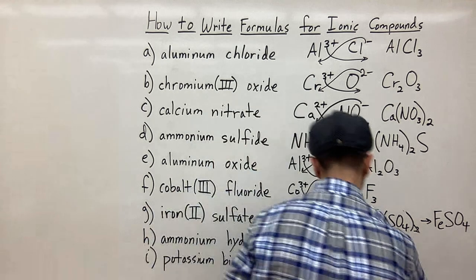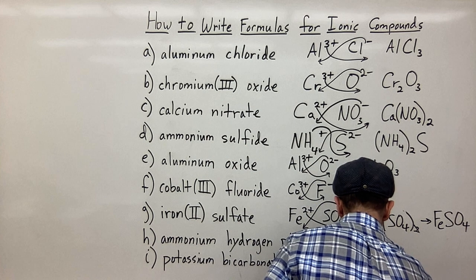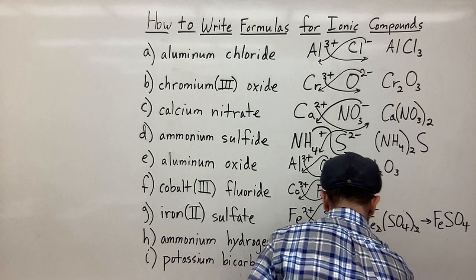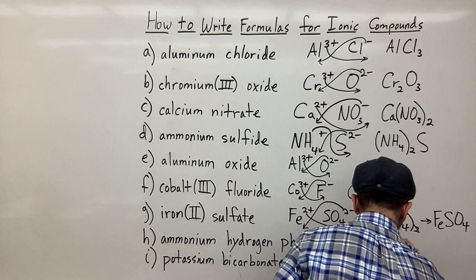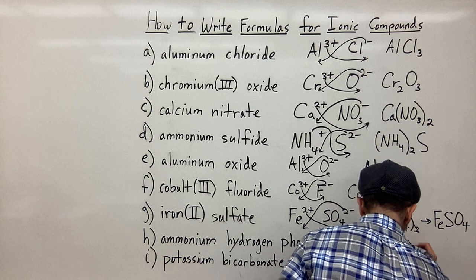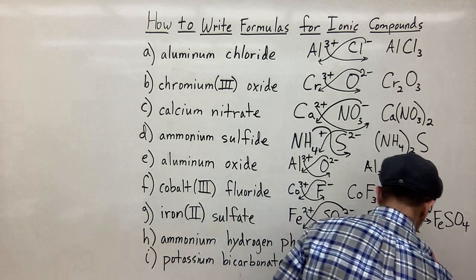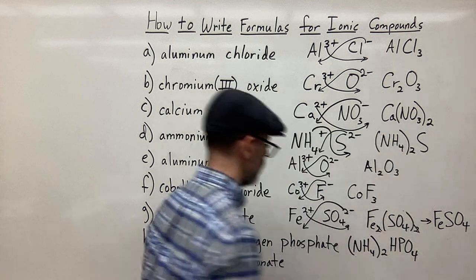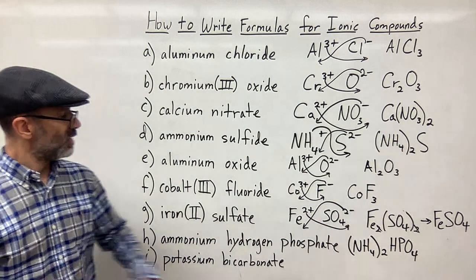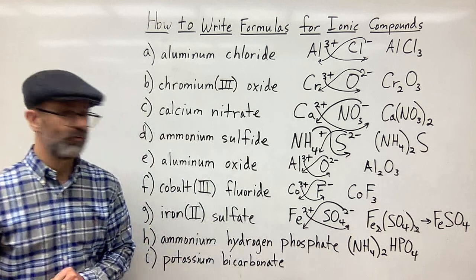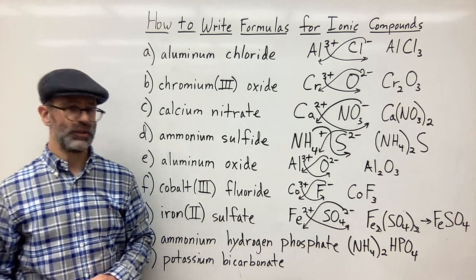So this is going to be (NH4)2 and then HPO4. Phosphate, that should be a PO4 like so. And so that is the formula for ammonium hydrogen phosphate.